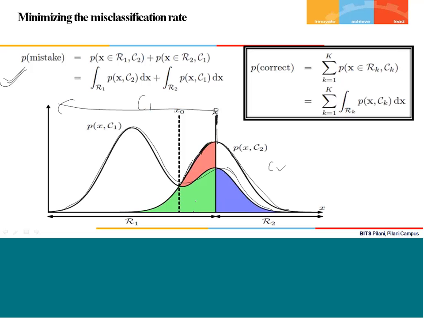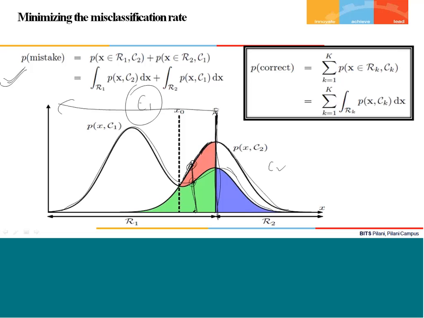So if I check this point, the probability of belonging to class C2 is this, and the probability of belonging to C1 is this. But I decide my boundary here. So without caring about these probabilities, I am just deciding that this point belongs to the C1 region. Now, how much risk have I taken in deciding this point as C1?